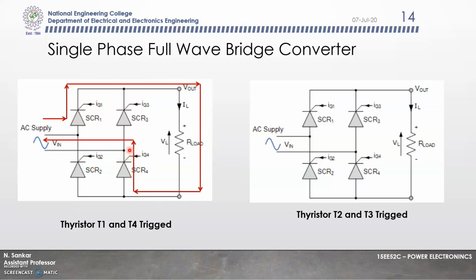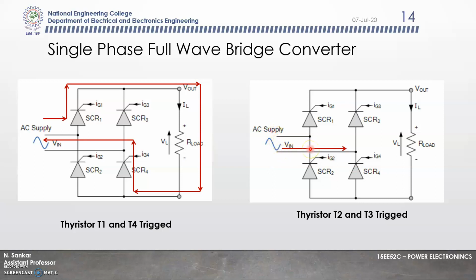When SCR2 and SCR3 get triggered, at the same time the current across SCR1 and SCR4 will reach a negative value, so they get automatically turned off. Now in the negative half cycle, this will be phase and this will be neutral.